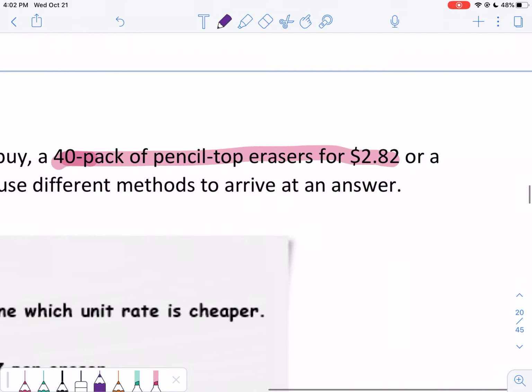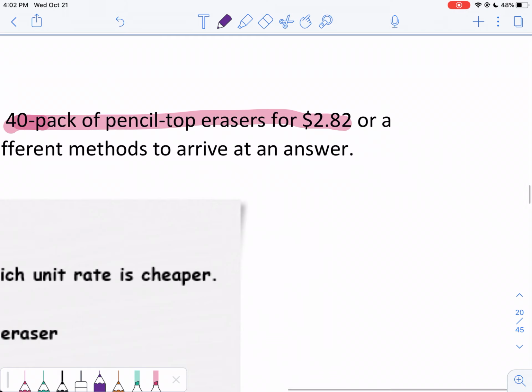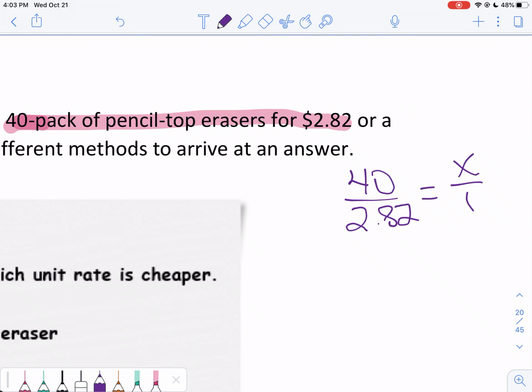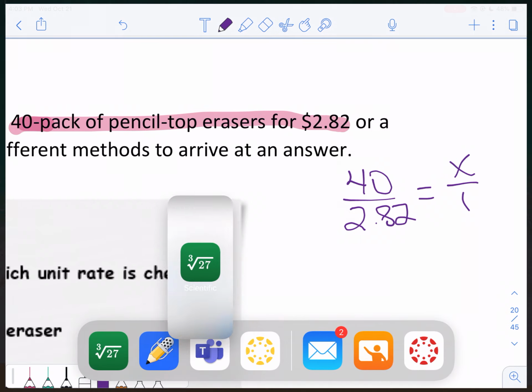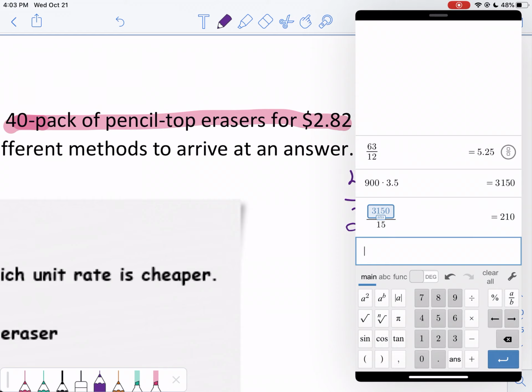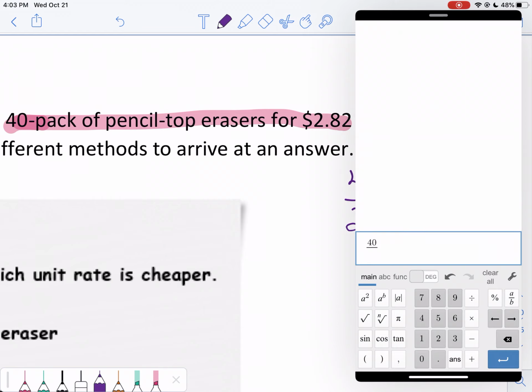So remember to find a unit rate. Unit rate for the 40 pack: I can buy 40 for $2.82, and I want to know how many can I buy for 1. So 40 divided by $2.82.